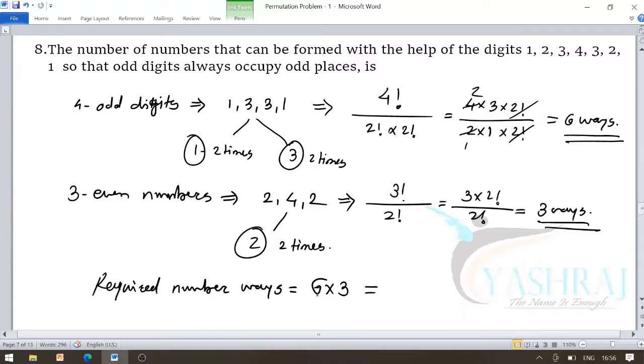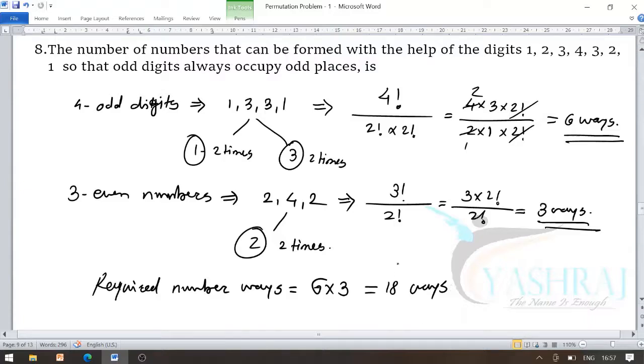As per the multiplication principle, 6 threes are 18 ways we have, such that odd digits always occupy the odd places. So there are 18 numbers we can form with the help of the digits 1, 2, 3, 3, 4, 2, 1, so that odd digits always occupy the odd places.